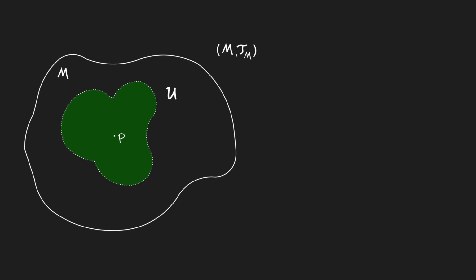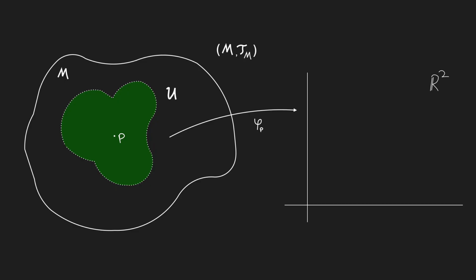Let's now look at what makes a manifold a manifold. Besides having a topology defined on it, what makes a manifold unique is this: consider an open set U of the manifold. You take a point P, and what you can generate is a mapping to R2 in this example.